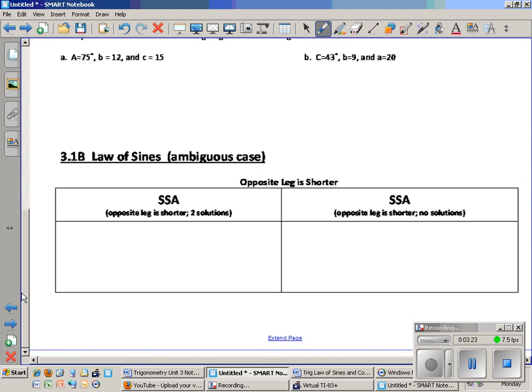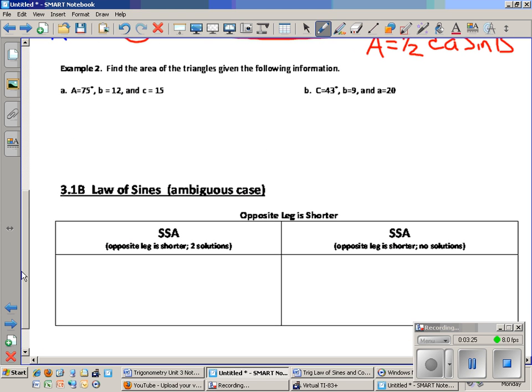Hopefully you'll like this. Find the area of the triangles given the following information. I'm just going to draw the triangles real quick. A, B, and C. A is 75. B is 12. C is 15.